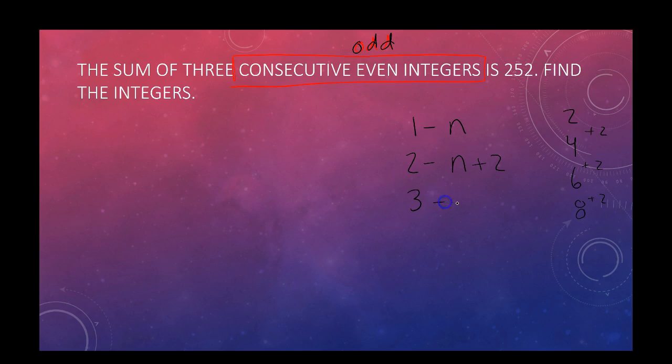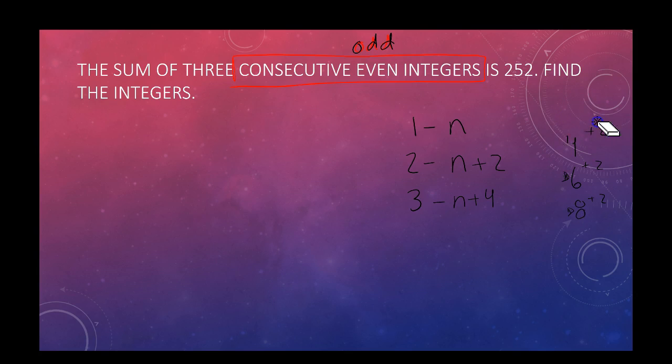Okay, well, how would I get to my third consecutive? In other words, how do I get from 2 to 6? Well, I add 2, and I add 2, which means you add 4. How would you get from 4 to 8? You add 4.